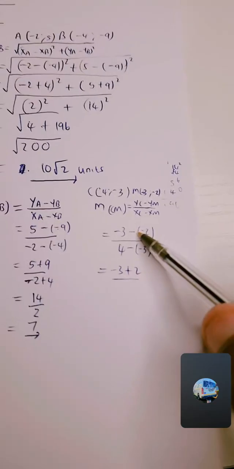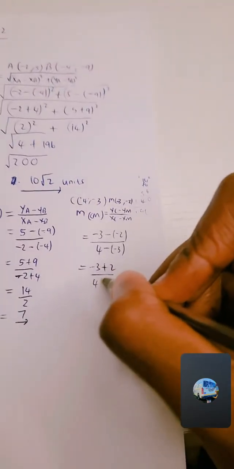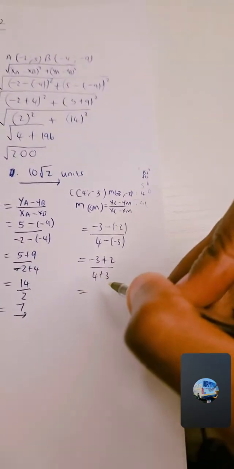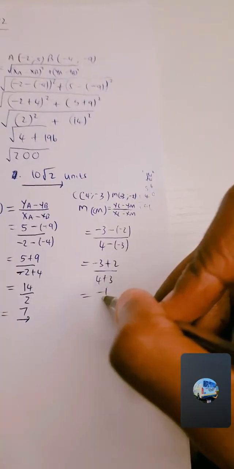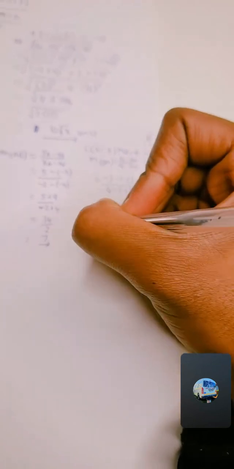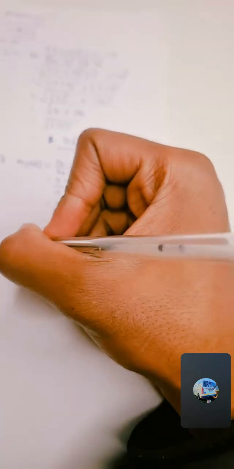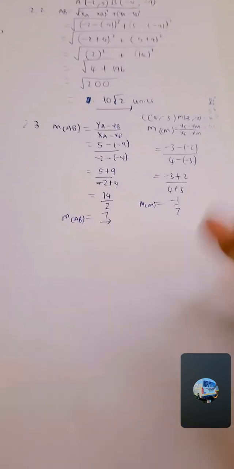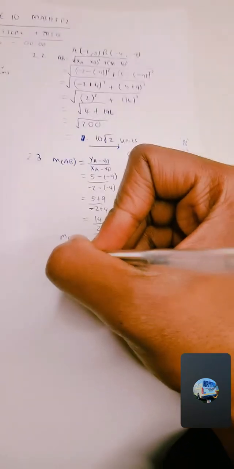Okay, minus 3 plus 2, 4 plus 3. We get a negative 1 over 7. So that is the gradient of CM, and 7 is the gradient of AB. The only thing that's left for us to do now, we have the gradients.